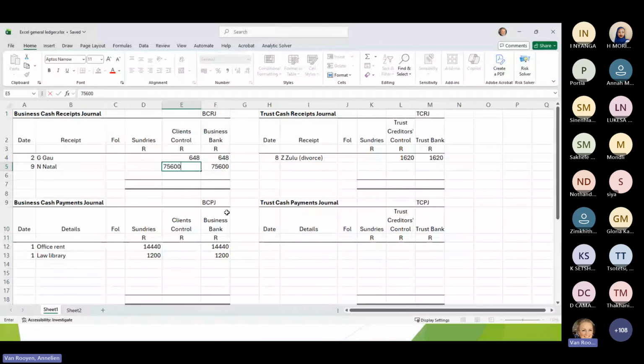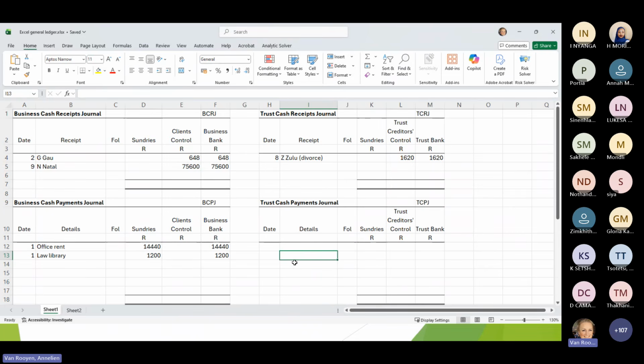Okay, on the 10th, receive a deposit of 3432 from Seacape. And you already see where we're going with this. Receive a deposit. That must be either business cash receipts or trust cash receipts. Do you agree? Now we just need to figure out which one. From Seacape for the preparation of contracts regarding the registration of a company. So is it business or is it trust?